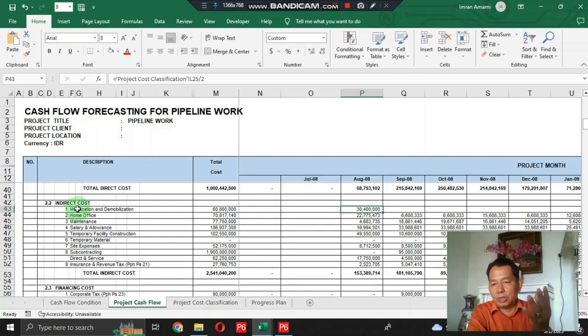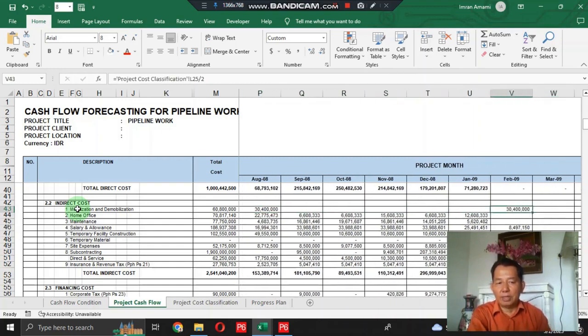This means two sections here: first mobilization, and the second demobilization activities. You should allocate mobilization in the first month of the project schedule, and demobilization at the end of the project schedule here.